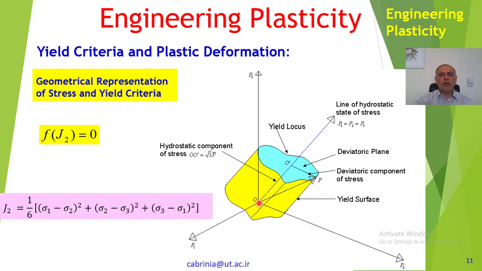For instance, if you have some component of stress like that, then because the deviatory stress is small, it will not yield. As you can see, it has a very large hydrostatic stress component, but it doesn't have any effect on the yielding. That is this theory of yielding so far.